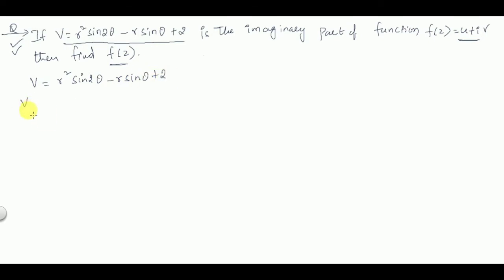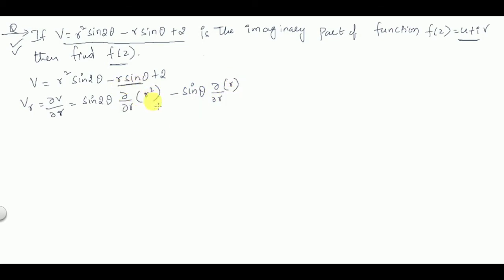So first of all we have to find Vr, that is dou v by dou r. When you are differentiating with respect to r, sine 2 theta is a constant, so you write it outside: sine 2 theta times dou by dou r of r square, minus sine theta, which is also a constant, times dou by dou r of r.